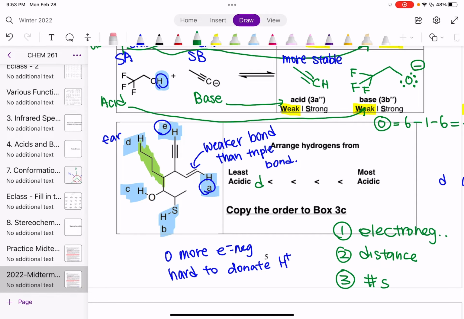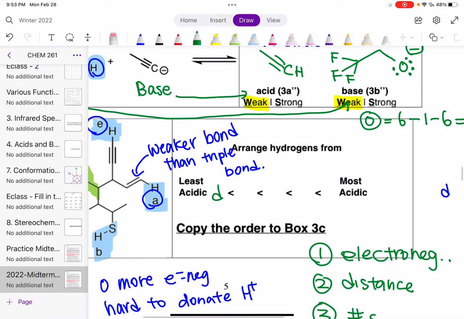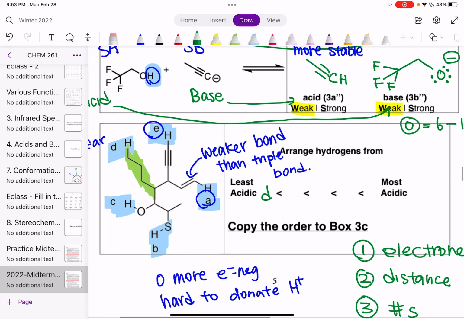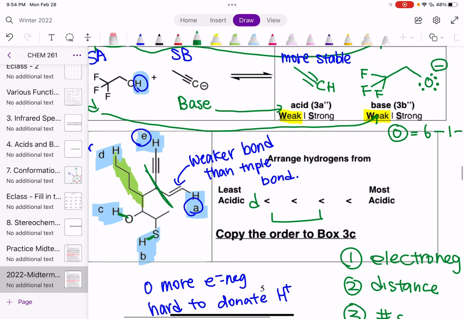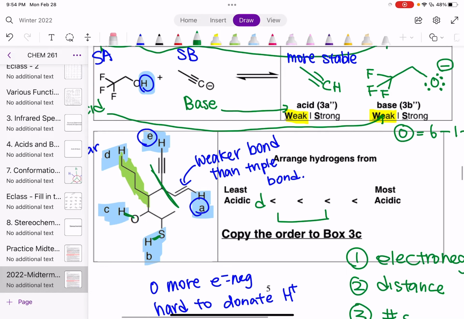So we have to place it here. The bonds right here are definitely weaker than the single bond right here. So it's either this one or this one. So we can compare the single bond first.